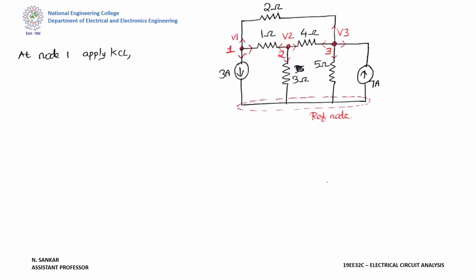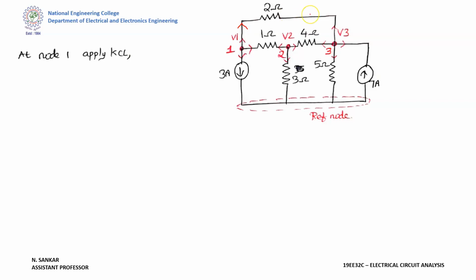If you apply the KCL at node 1, here 3 ampere and this arrow are both the same, so this will be equal to 3, and here it will be V1 minus V3 divided by 2, because the current is flowing from 1 to 3. Like that we have chosen the arrow.